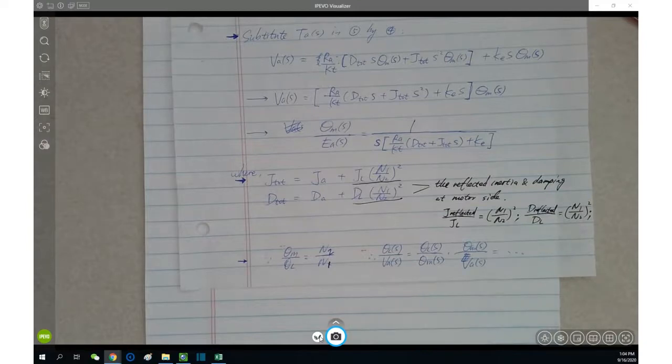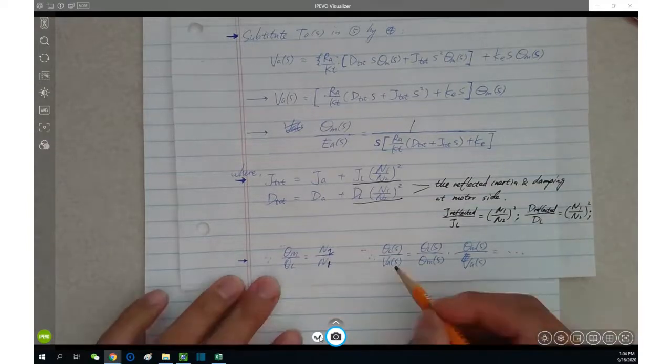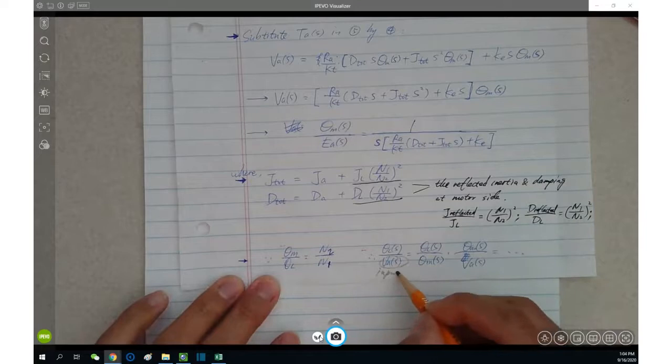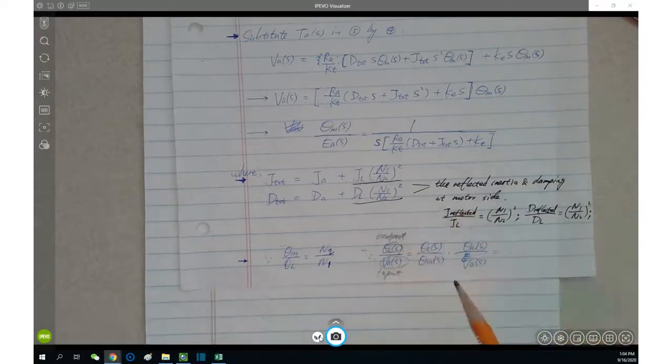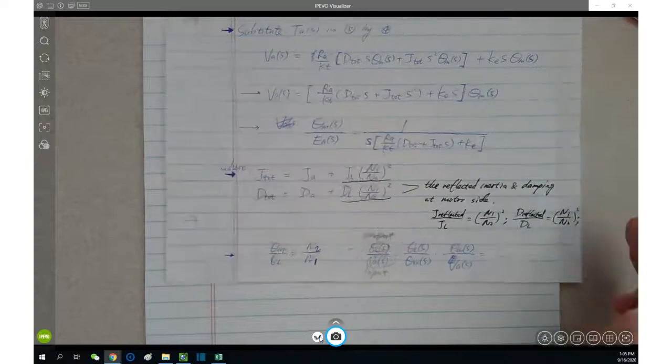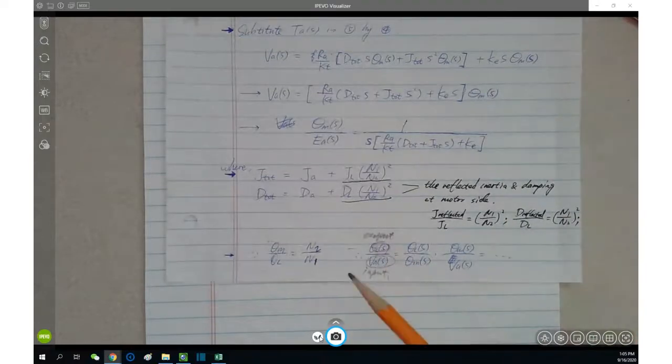In other words, input and output, we are studying the transfer function between these two variables: given an input armature voltage, what is the corresponding output rotation angle. This is the transfer function we're studying.